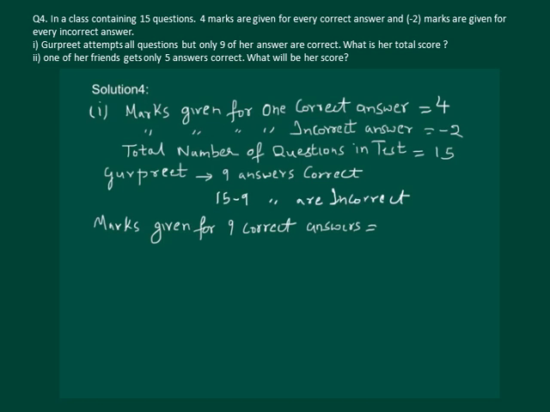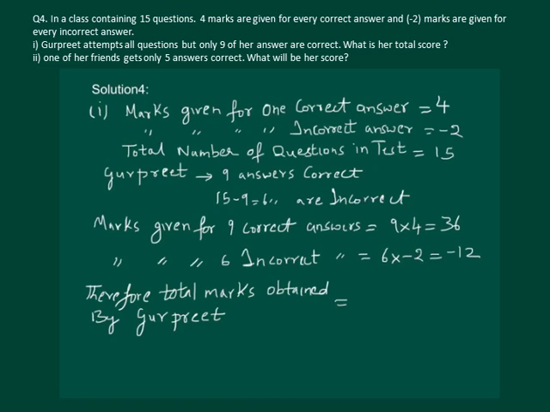So the marks given for 9 correct answers would be 9 into 4, that is 36. And marks given for 15 minus 9, which is equal to 6 incorrect answers, would be 6 into minus 2, that is minus 12.